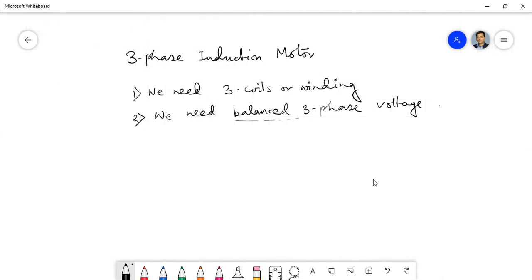Sir, in a balanced system, the phase voltage and phase current in every line will be equal in magnitude. Okay. So that means the voltage magnitudes of the sinusoidal quantities are equal, and the angle between two consecutive phases is 120 degrees.